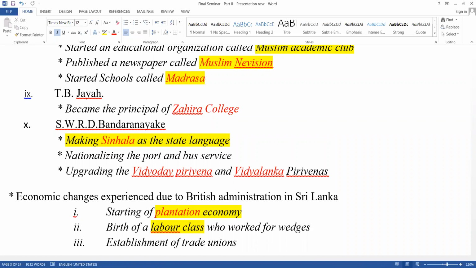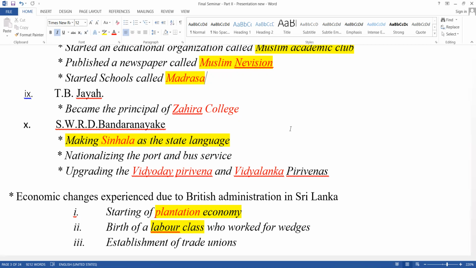And the birth of the labor class. Why labor class? Because, you know, the British took the land of the Kandyans to start plantations, and they lost their land. Then they were told, you can work under us in plantations, but our people were really proud and migrated to cities in search of jobs.